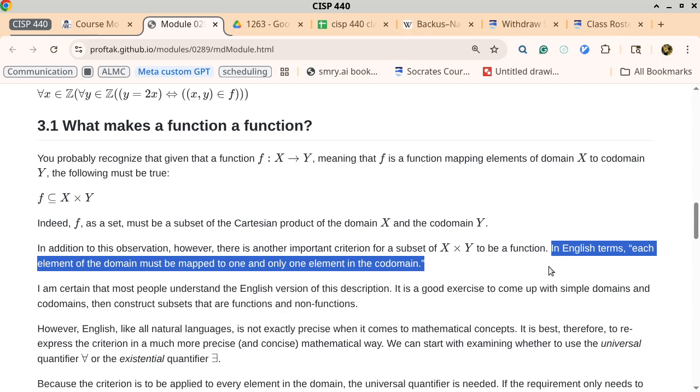I can say false, because one, which is an element of X, is mapped to two different things in Y. Is that okay? And therefore it does not meet the requirement.